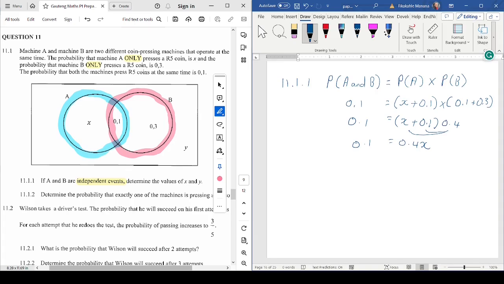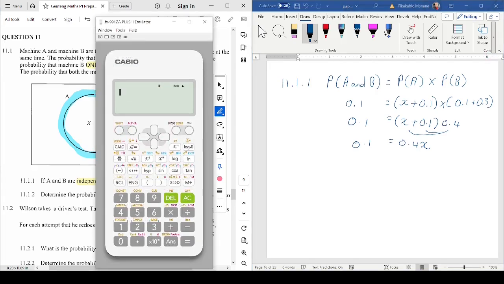I don't want you to make assumptions, so I'm going to use the calculator. 0.1 times 0.4, and then we get 0.04. Now I'm going to leave the 0.4x this side, and take this one to the other side such that it is 0.1 minus 0.04. And what do I get? I get 0.06.